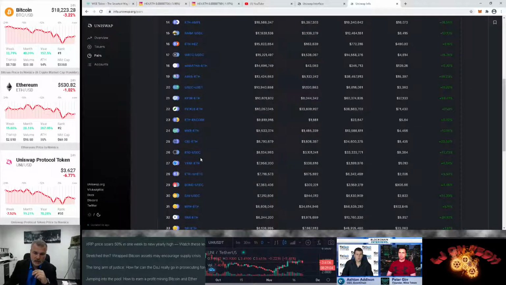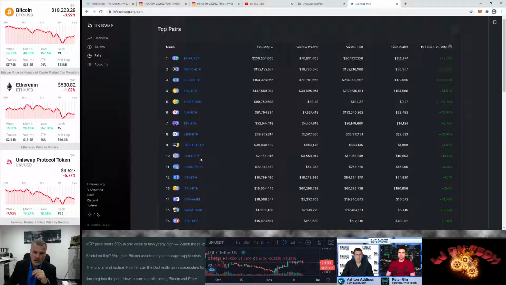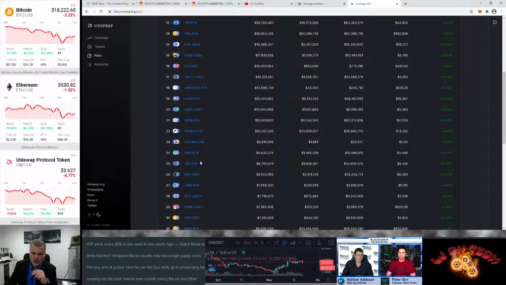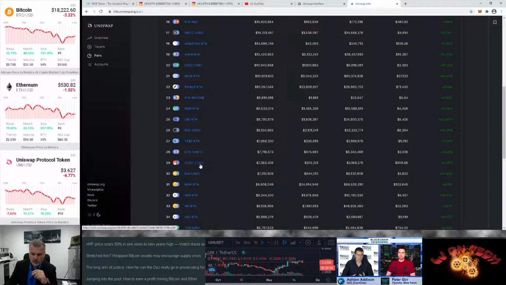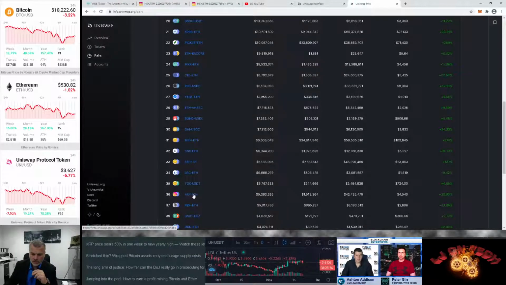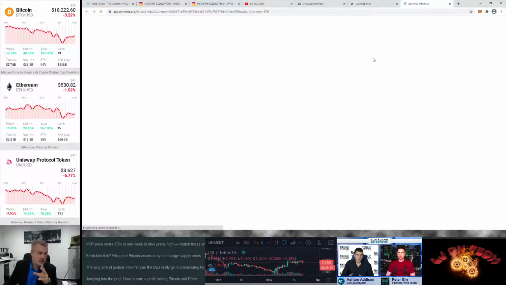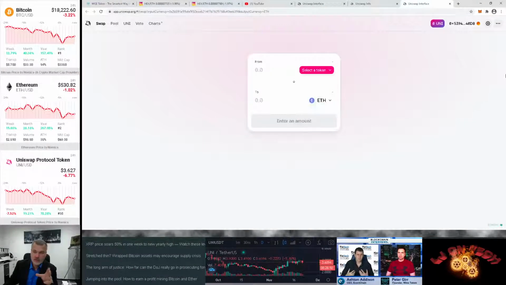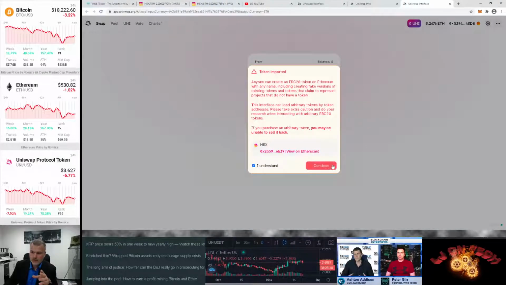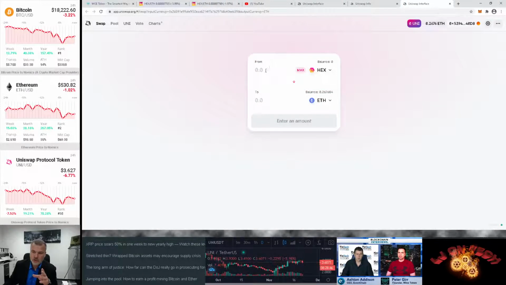Any kind of a big player which wants to get in or even trade. Where is HEX? There it is, in place 36. Let's go trade, and any kind of a big player with this kind of liquidity actually won't be able to participate.